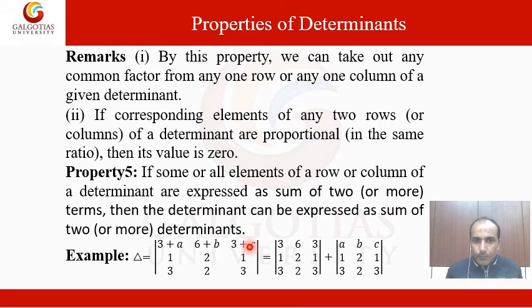The first determinant is 3 6 3, the first elements of the first row, 1 2 1 is the second row, 3 2 3 is the third row, plus a b c from the second elements of the first row, 1 2 1 second row, 3 2 3 third row. So this single determinant can be written as the sum of two distinct determinants. This is property number 5.